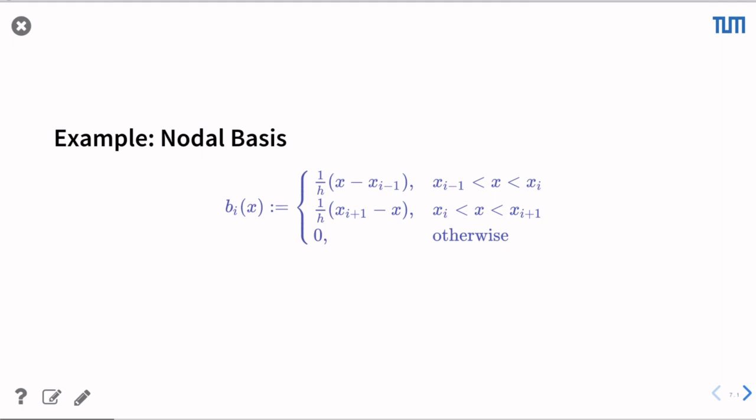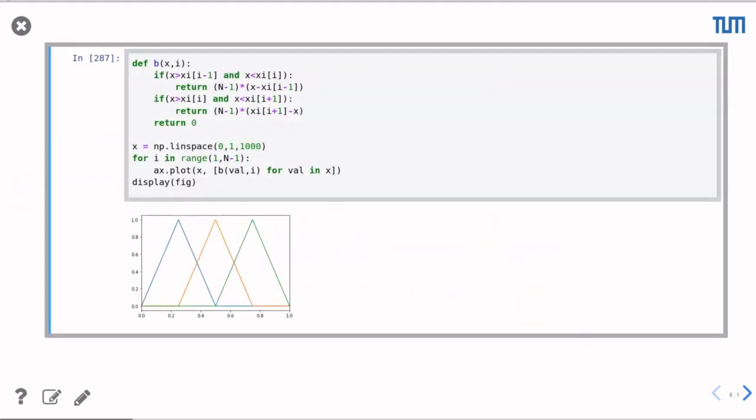And this is essentially just hat functions. Let's have a look at what they look like, since the formula is not perhaps directly clear. As you can see, they're called hat functions because they look like little hats. The blue one here, for example, is the first one, which is centered at the node 0.25, and then it's 0 at every other node.